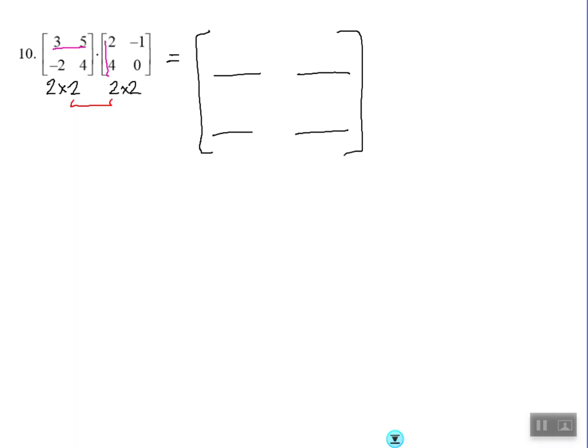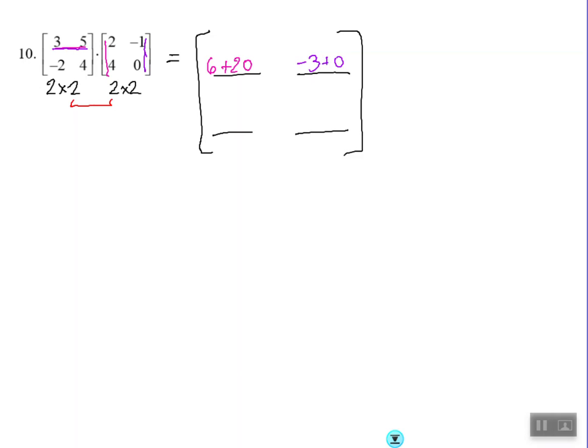So I have 3 times 2, which is 6, plus 5 times 4, which is 20. To find the element that will be in the first row and second column, I'm going to multiply the first row by the second column. 3 times negative 1 is negative 3. 5 times 0 is 0.